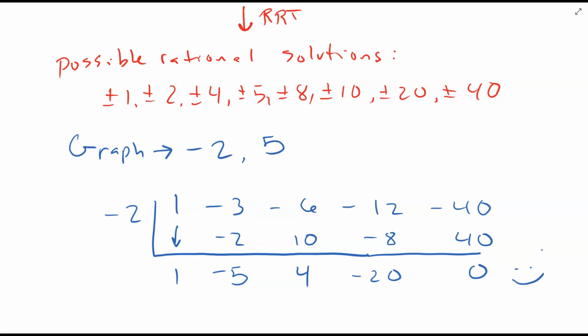Everybody good there? Now I have an option that I didn't have previously. In the previous problems, I'd stop at this point and then try to factor this remaining piece. What else could I do here if I didn't want to do that?